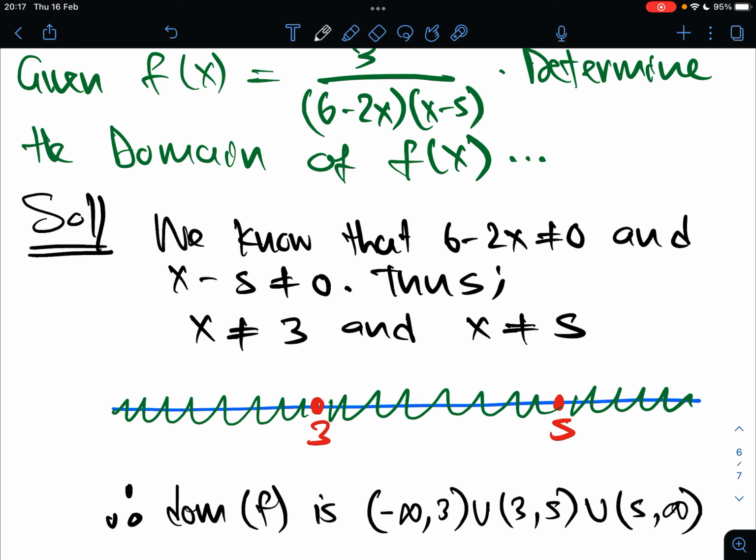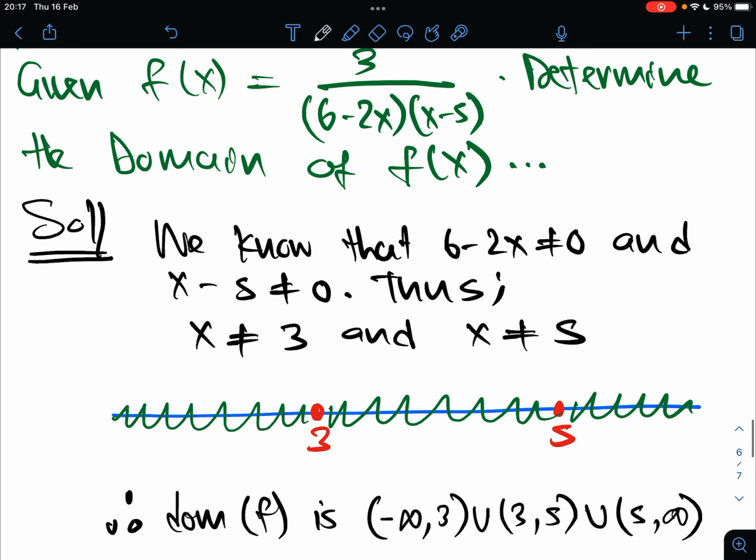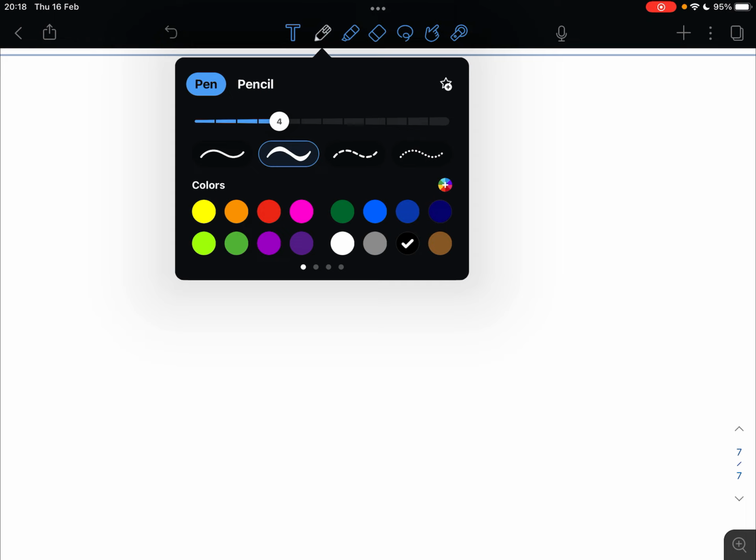Now that we have learned how to deal with functions that have denominators in them, let's move on to look at functions that have roots in them. Functions with square roots.